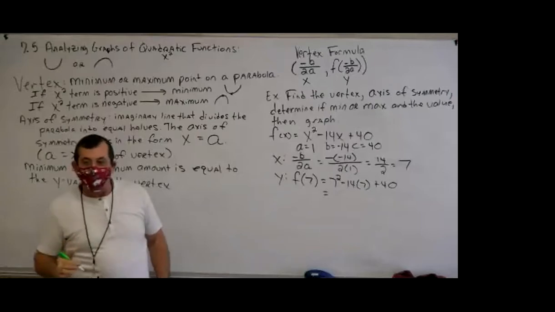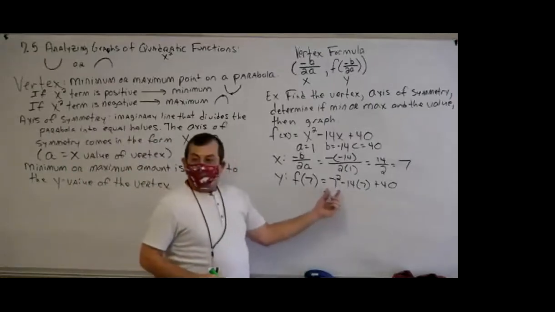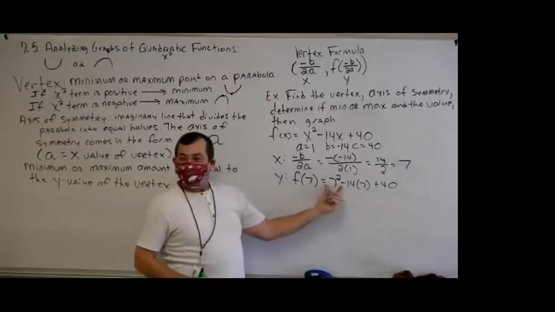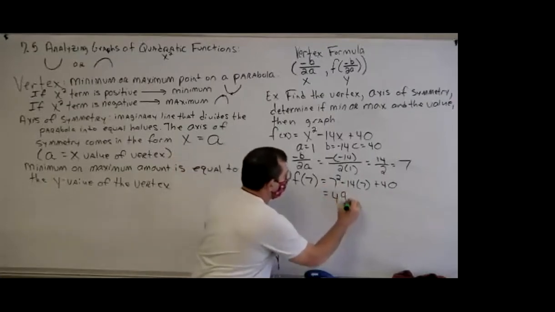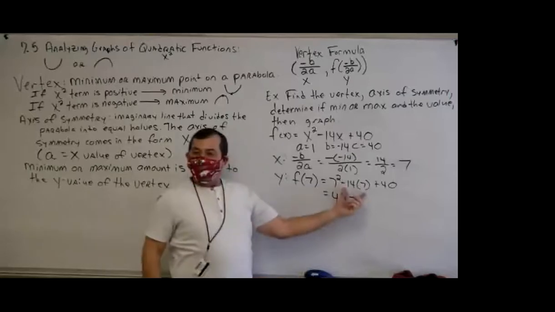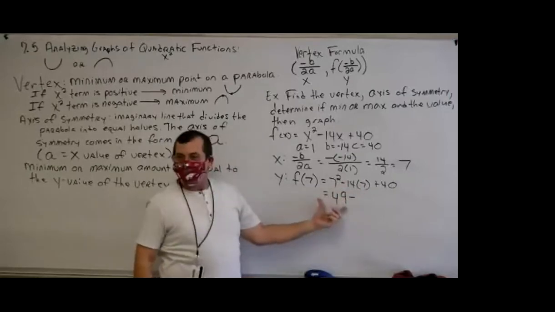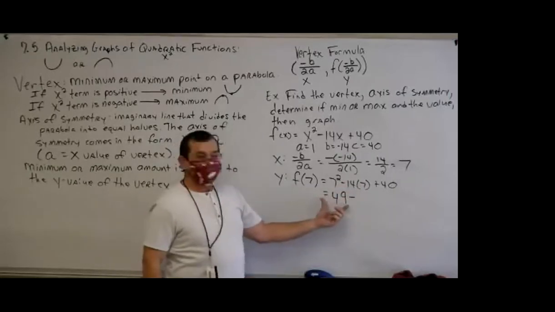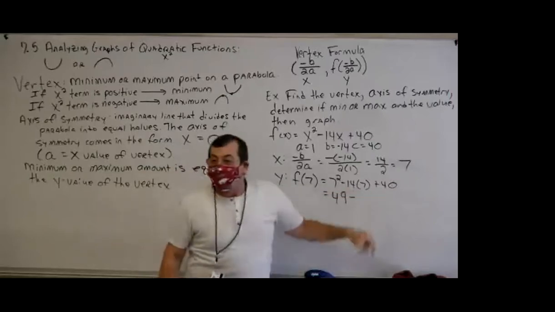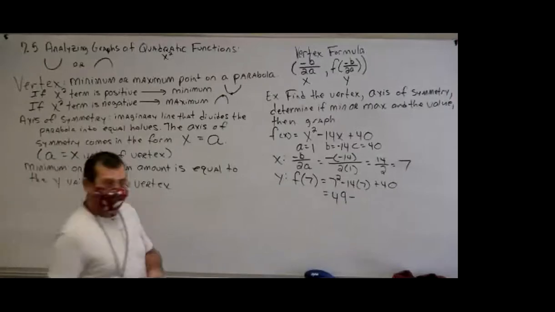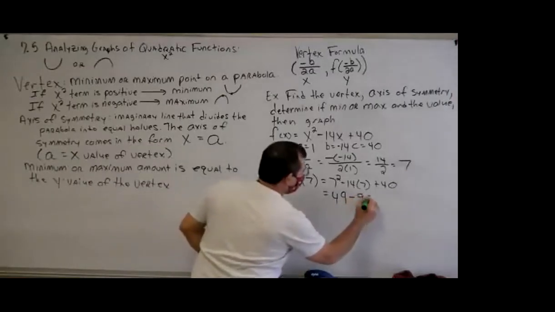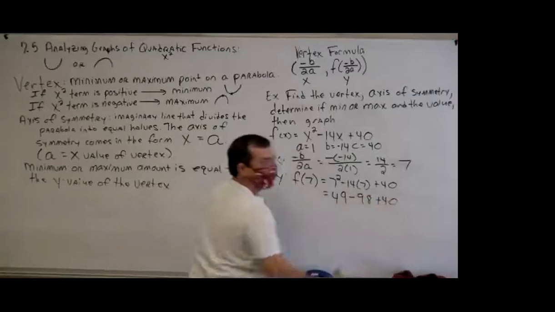Now, y'all, here's the cool thing about this. When you're finding the y value, what's 7 squared? Minus, this next term is always twice as big as this one. So if this was 49, this is now 14 times 7, which would be 98. And then plus my 40.